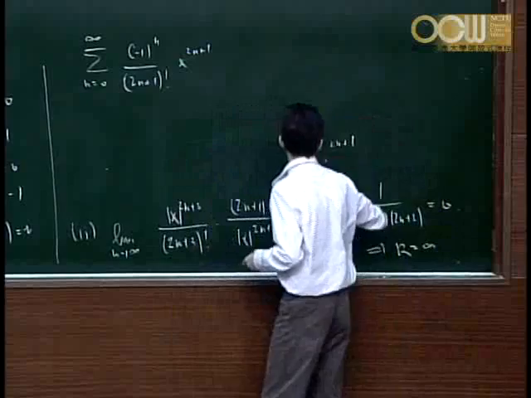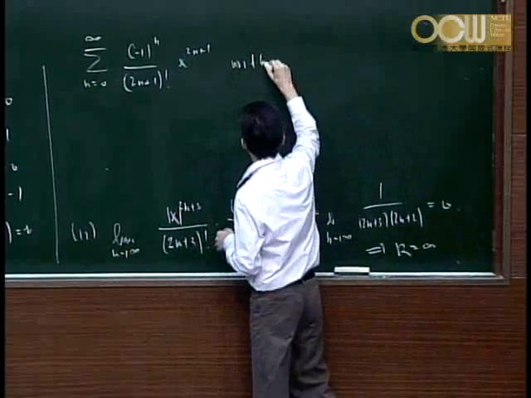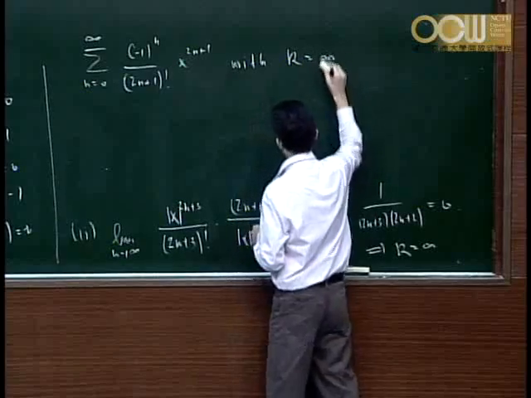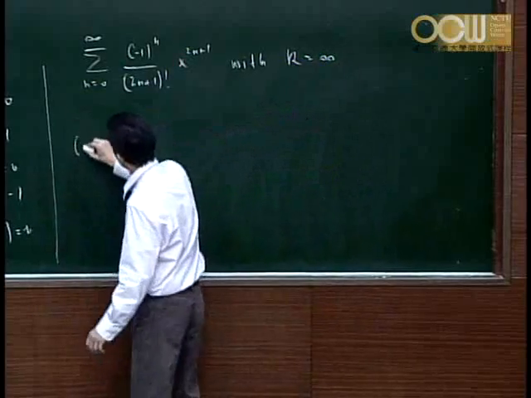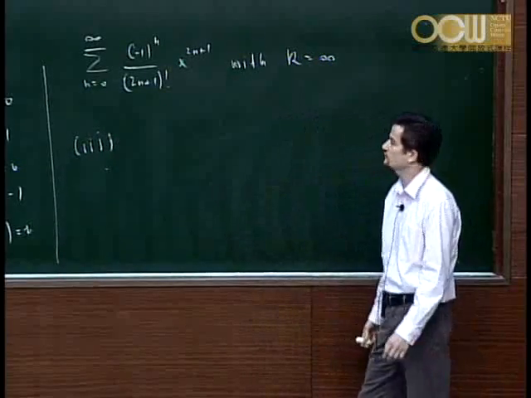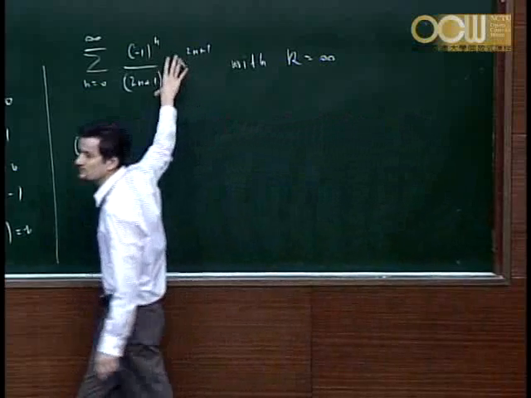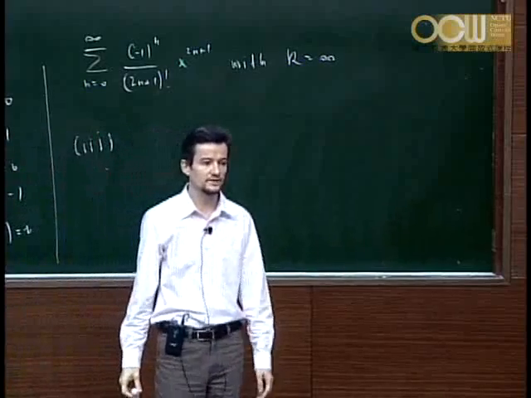And we know already that the radius of convergence is infinity. The third step is, we have to figure out for which x this series is equal to sine of x.